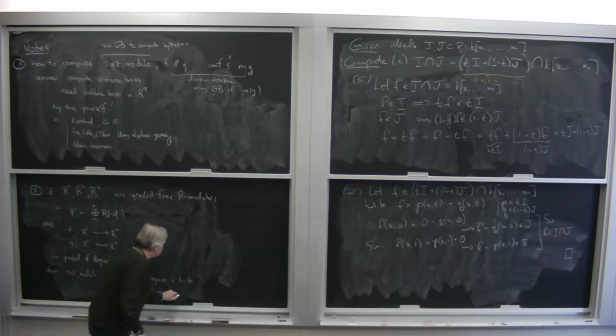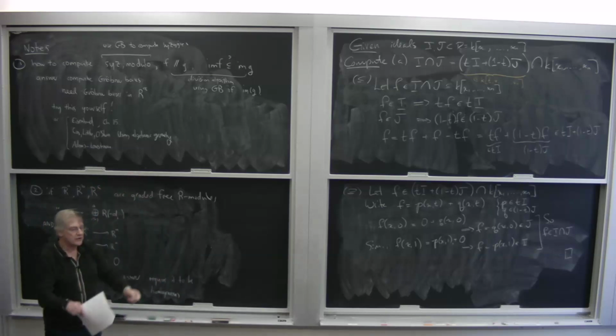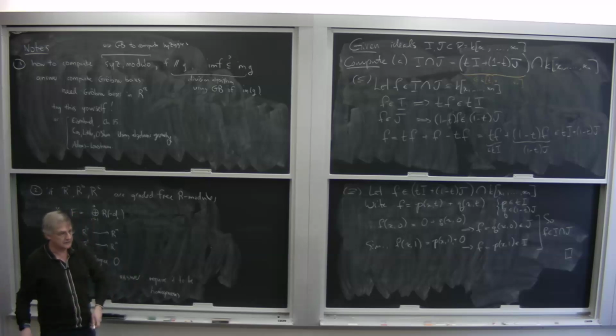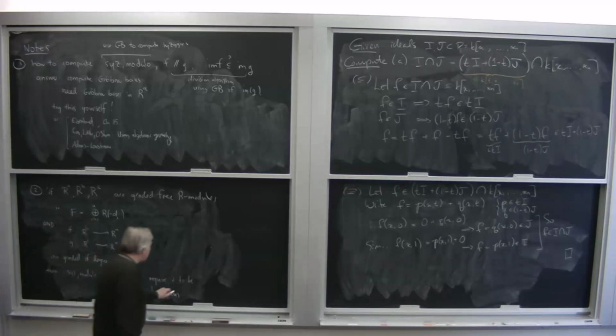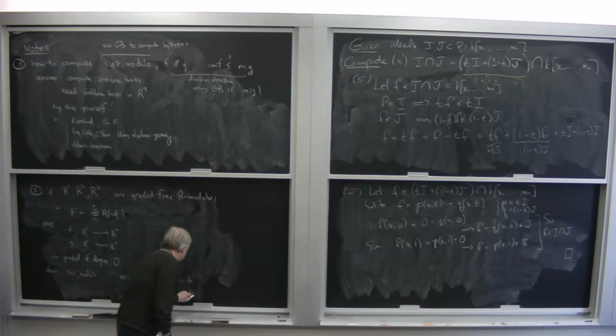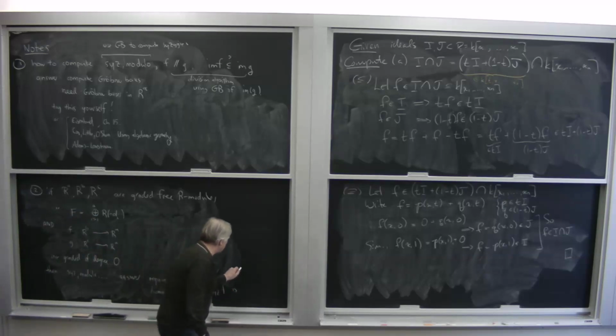So what does that mean? That means that when I take sys, instead of getting some combination of things in all sorts of different degrees, every single vector has a fixed degree and is a homogeneous element, and the image of sys of f is minimally generated by the columns.